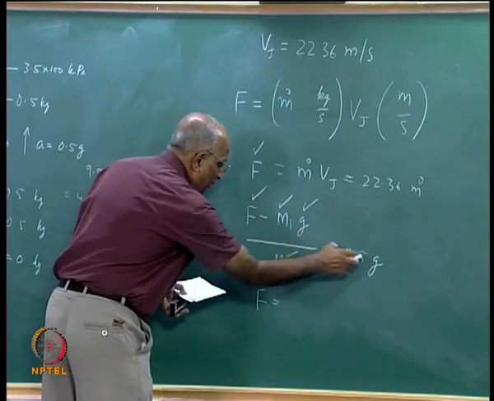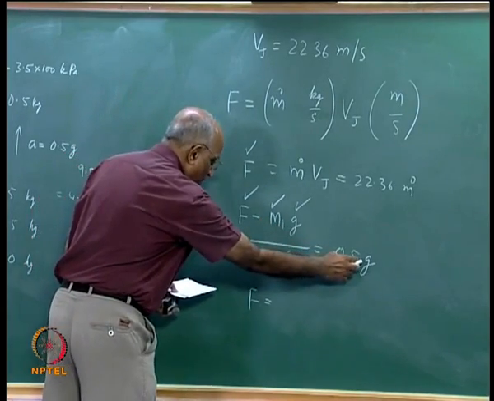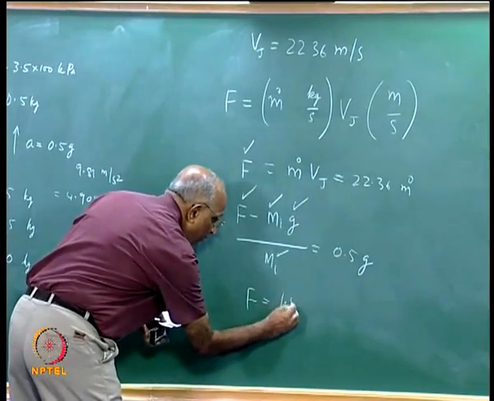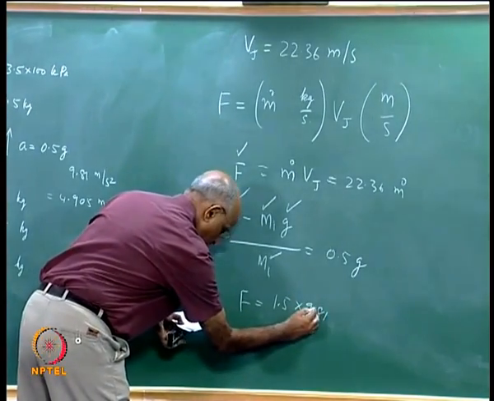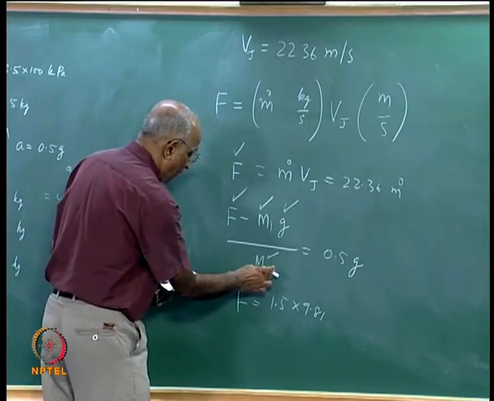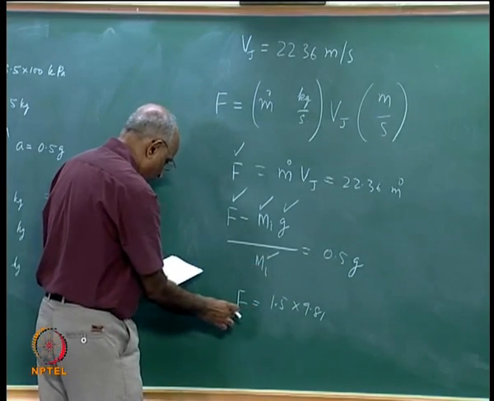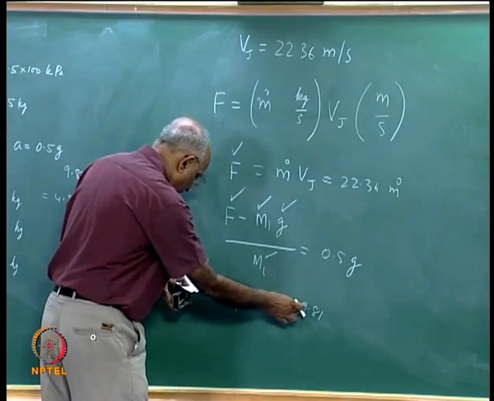I take it on this side, we said mi is equal to 0.5 plus 0.5, it becomes 1.5 g, that is 9.81, okay, and mi was 1, therefore force is equal to 1.5 into 9.81.